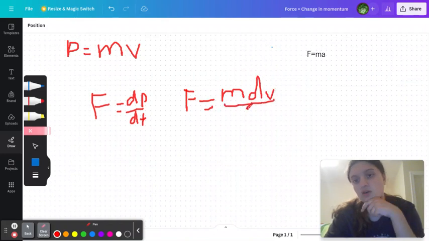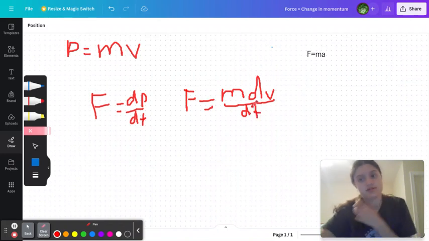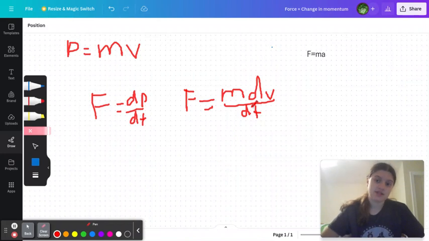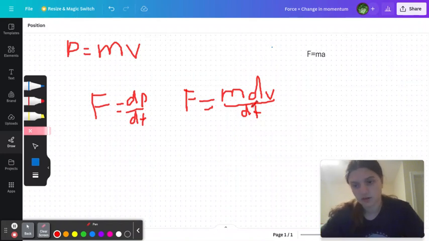Great. Well, in calc we learn that the change in velocity is really the only thing in this equation that can change. Yes, you can change the mass, but that's the most variable thing, and the mass changing is more accounted for by the equation.